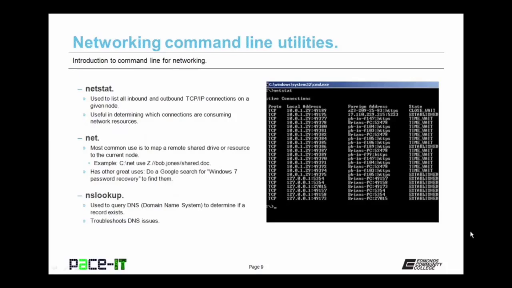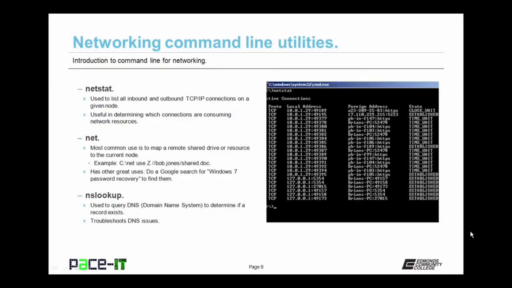Now let's talk about netstat. Netstat is used to list all inbound and outbound TCP/IP connections on a given node. It's very useful in determining which connections are consuming network resources. The net command is most commonly used to map a remote shared drive or resource to the current node.